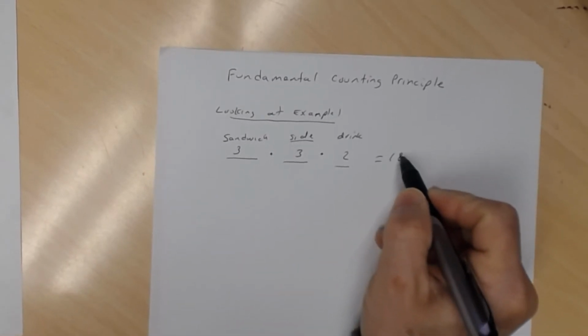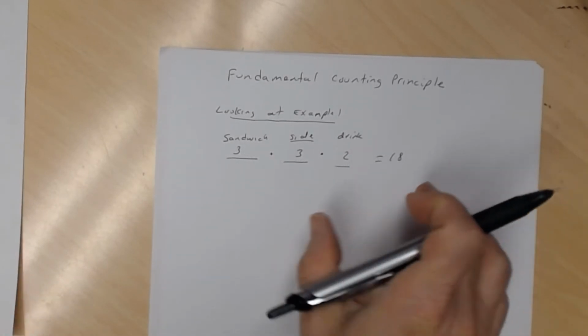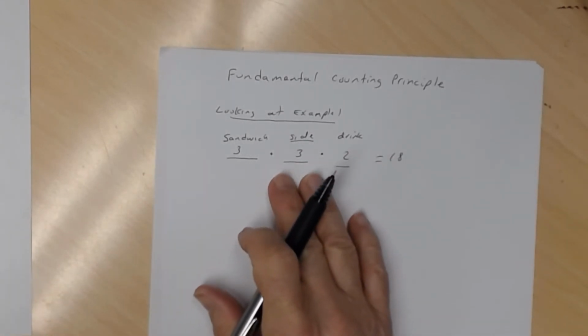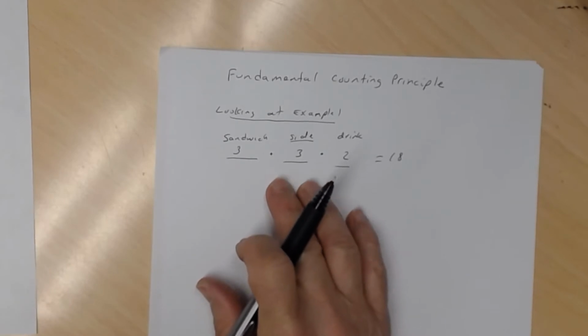I get 18, right? So what we're using here is the fundamental counting principle.